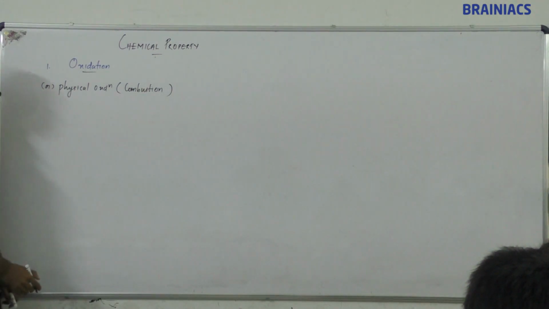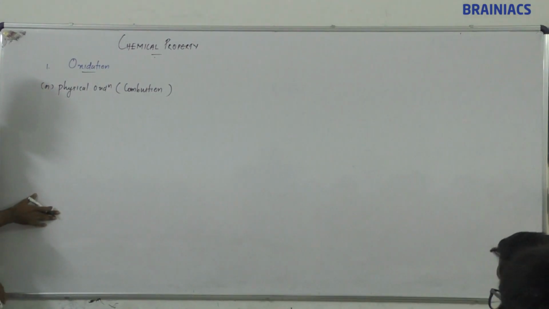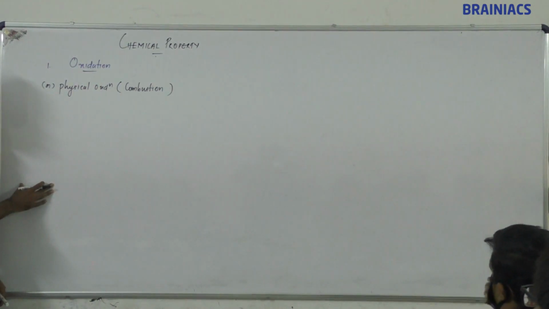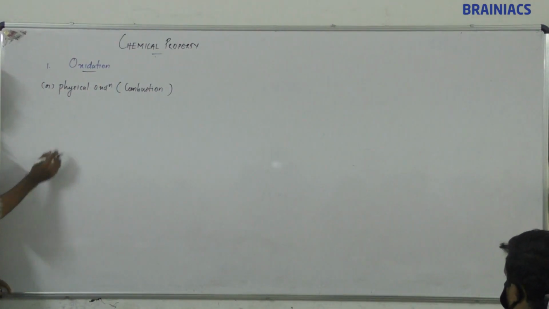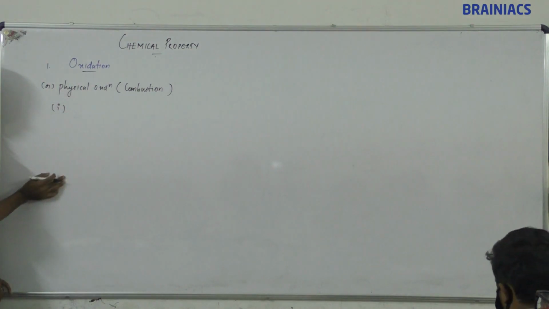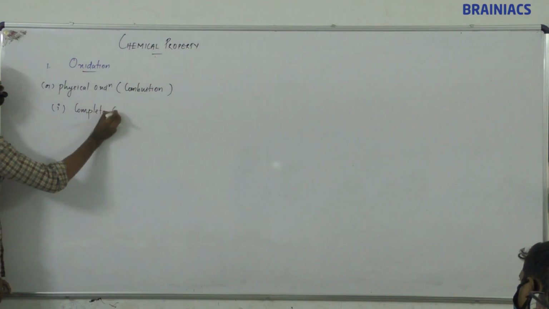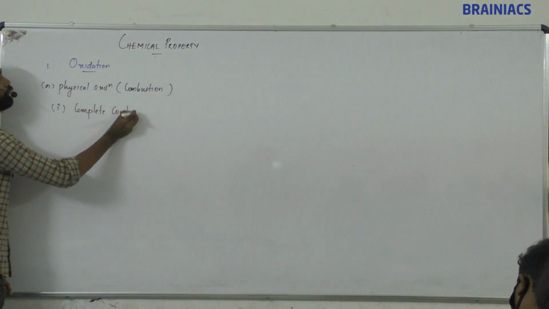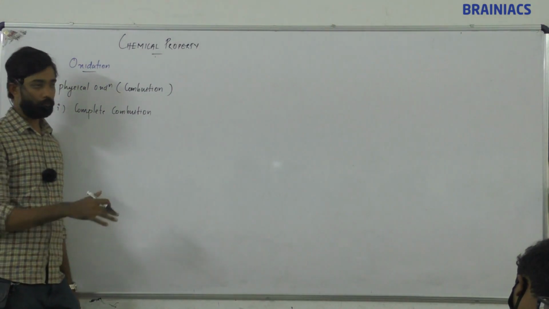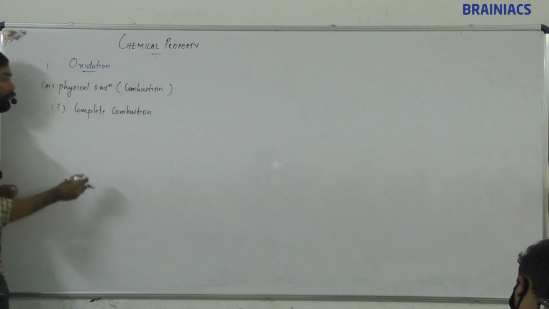Alkane has two chances for combustion, or in the presence of limited oxygen it will be incomplete combustion. So in your physical oxidation or combustion, again two types: complete and incomplete. You know the general idea, any alkane on complete combustion forms carbon dioxide and H2O.